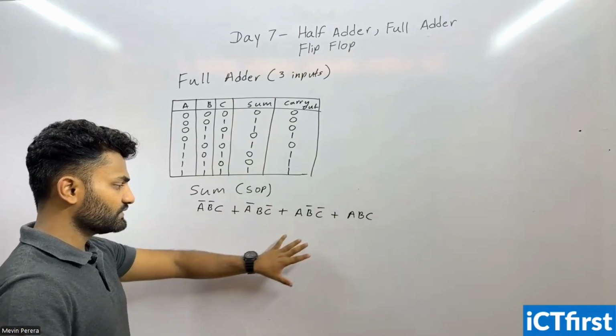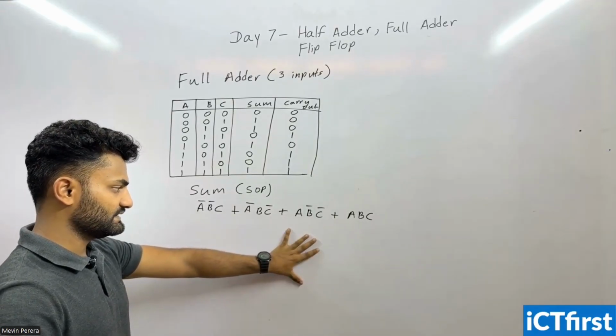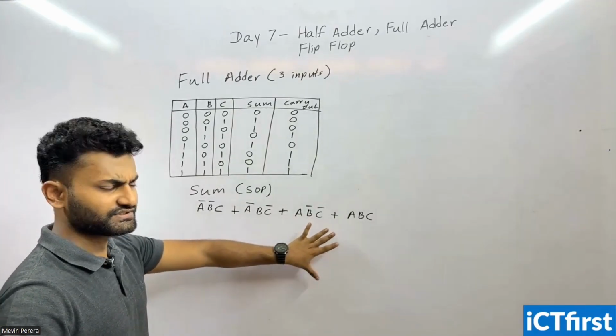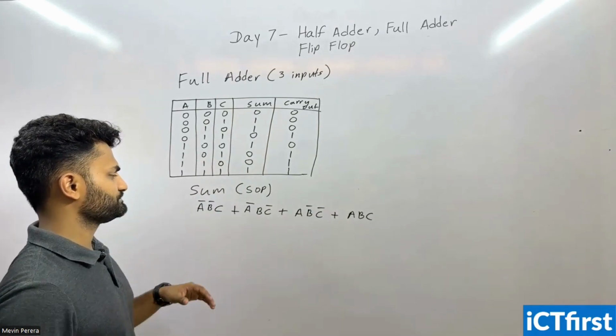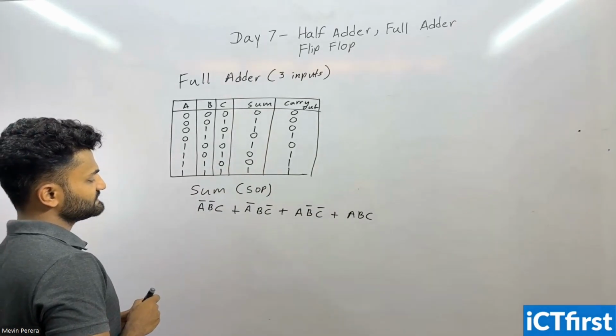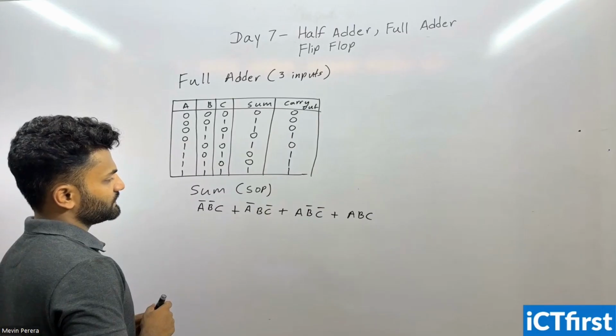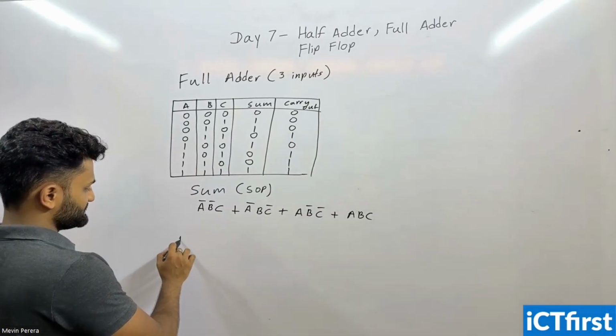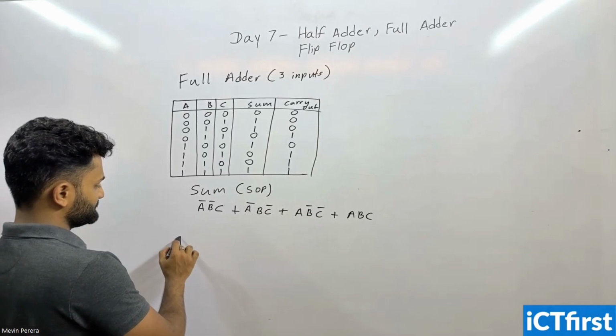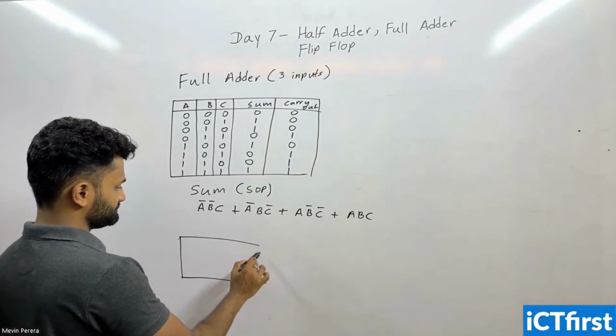Okay. If you draw a Karnaugh map, even you can understand this one. There are two ways to actually get the answer for this. Now, one way is, okay, let me draw the first way. Let's say we do it using the Karnaugh maps.